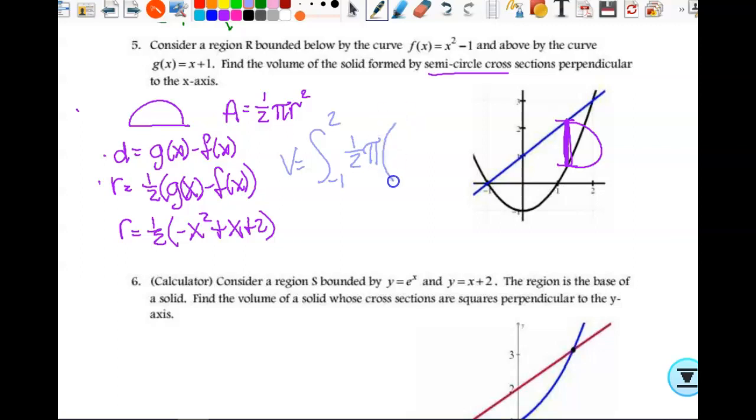Look, the radius has another 1/2 in it, times negative x squared plus x plus 2. This part is squared because this whole thing is the radius, dx. So be careful with your parentheses and your squares. The calculator can do that for you, but you have to be able to set it up. And then I will tell you on this one also, this is 3.181. We'll look at some application and whatnot of this, and we'll do some more.